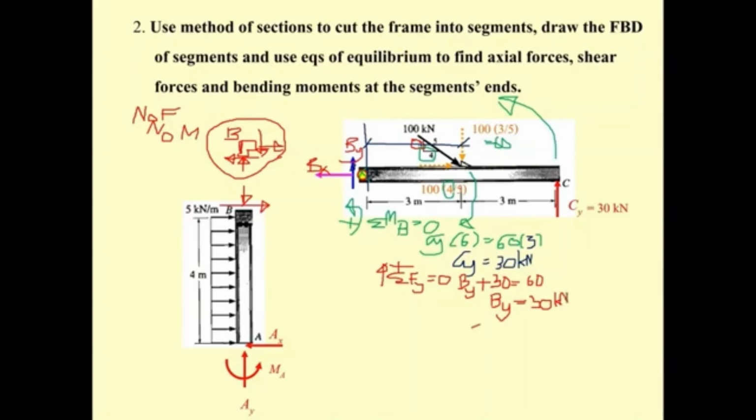And then the last one, use summation of F sub x equal to 0. That means the B sub x over here is, let's say, plus. So the B sub x is going to be 80 kilonewton.